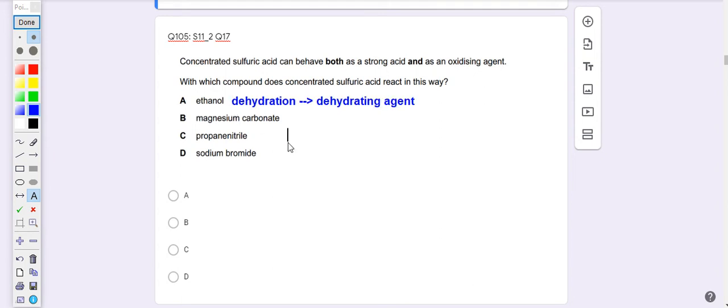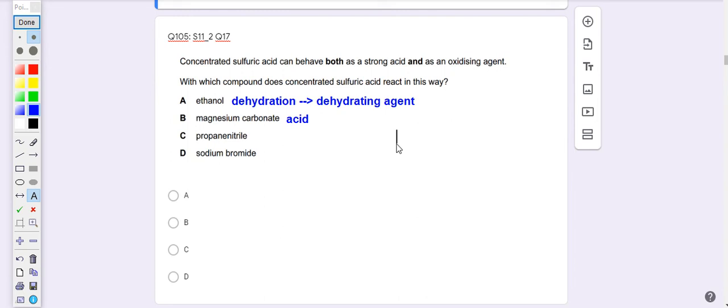Now, magnesium carbonate is quite straightforward. Carbonate with acid, then the acid will behave as an acid, but there's no change in any of the oxidation numbers. So concentrated sulfuric acid is not an oxidizing agent in the reaction with magnesium carbonate.